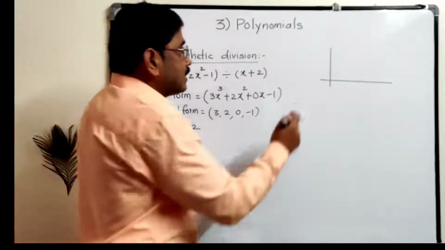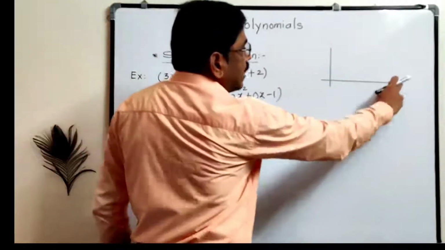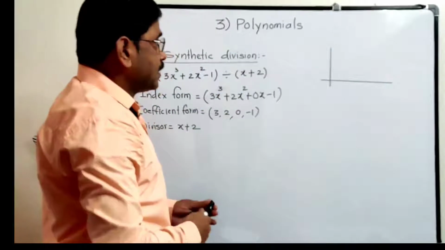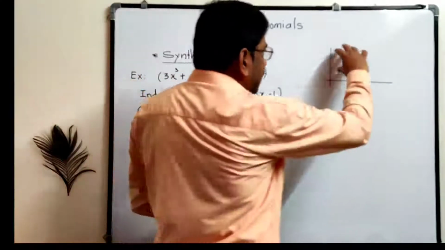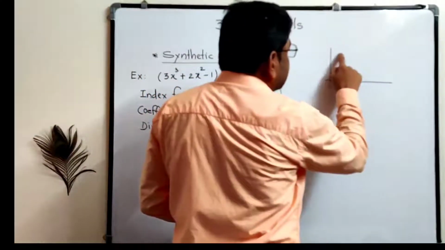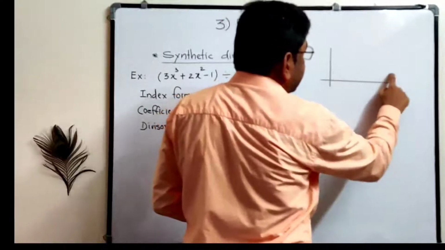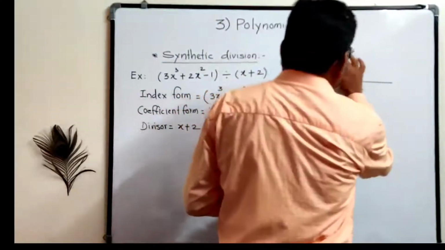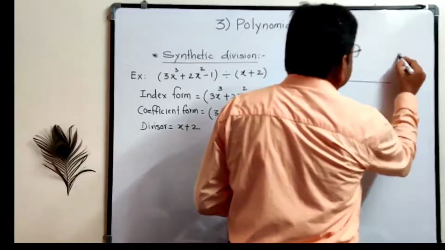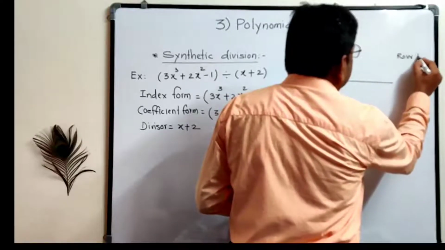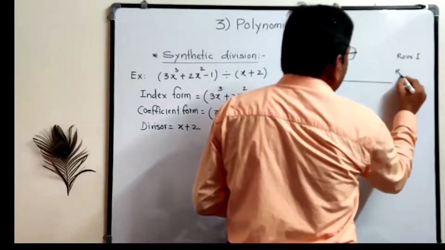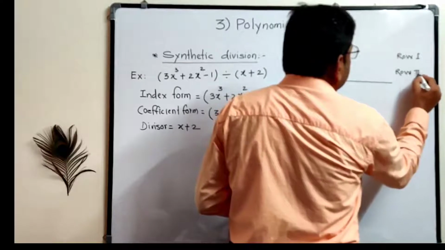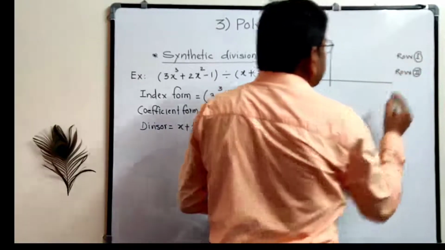Now draw one horizontal line and one vertical line like this. Now in these two lines, here there is one row and here there is second row. So this is row 1 and this is row 2. So what is row 1? The coefficients.